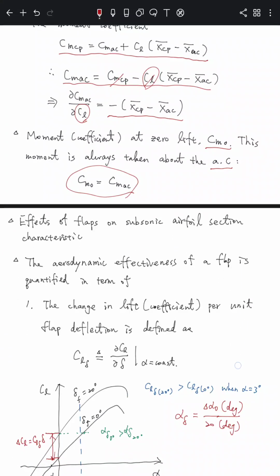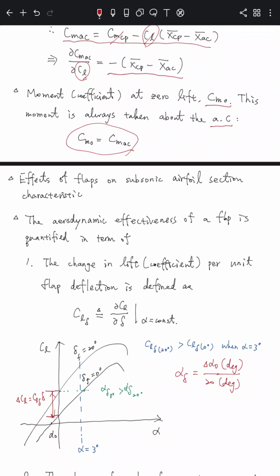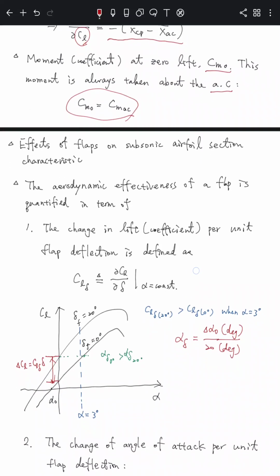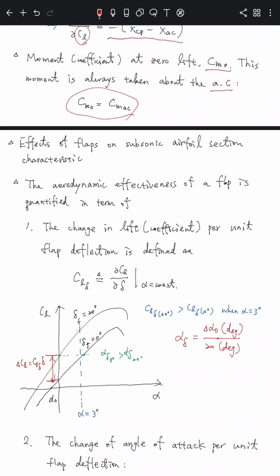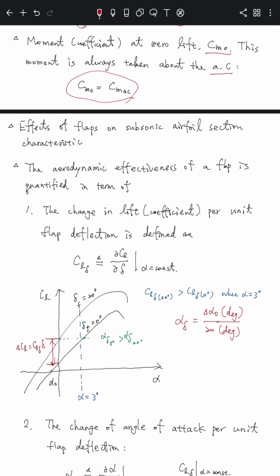Now we give a quick review of the effects of flaps on subsonic airfoil section characteristics. When the flap is deflected, we all know that the lift will increase. There are two effectiveness measures of a flap.